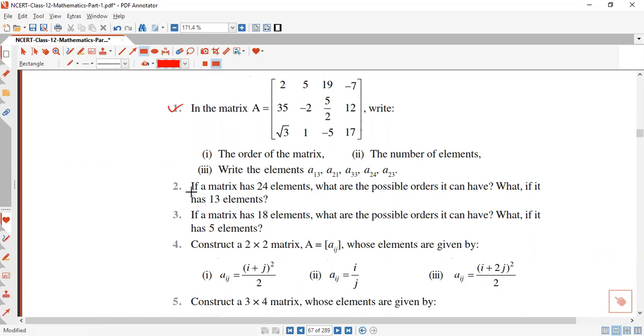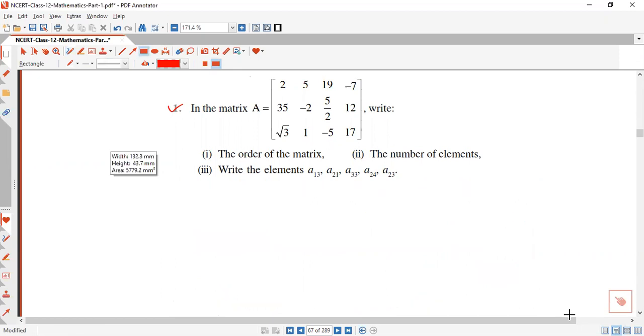Now, the first part, the order of the matrix. See, what is the order of the matrix?